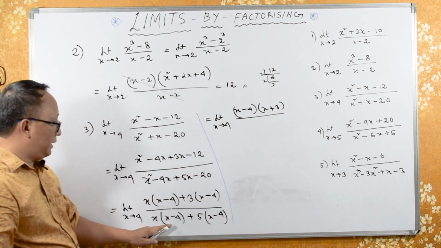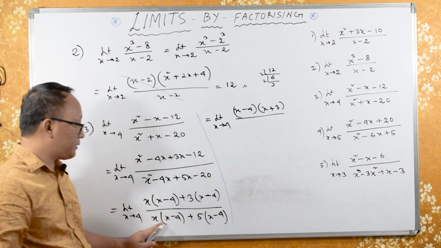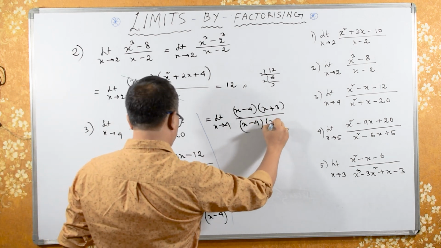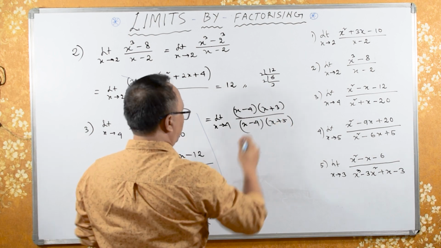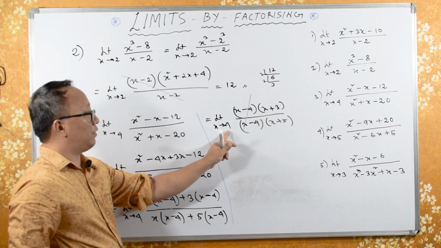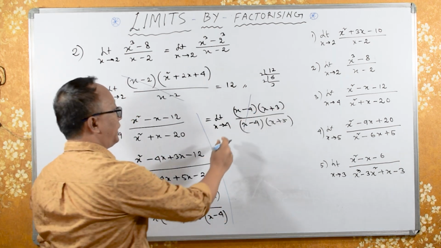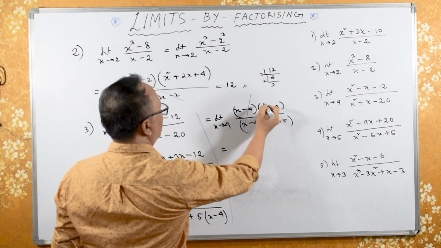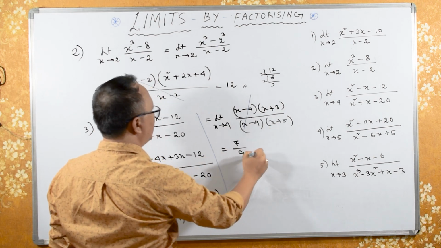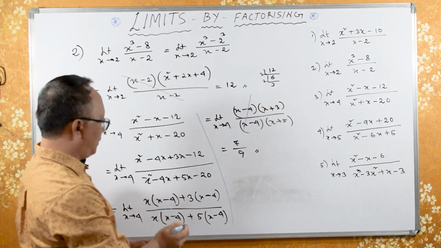Similarly, here if I take x − 4 common, I will have (x − 4)(x + 5). This x − 4 gets cancelled, since when x tends to 4, the limit is defined. When x tends to 4, I will get 4 + 3, which is 7, upon 9. This is the required answer for 3.